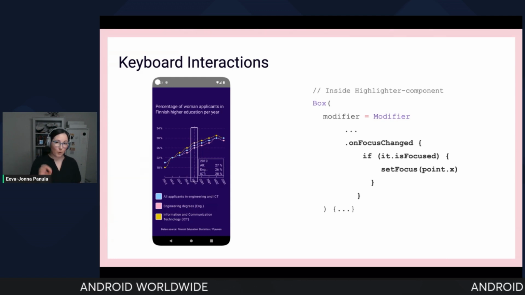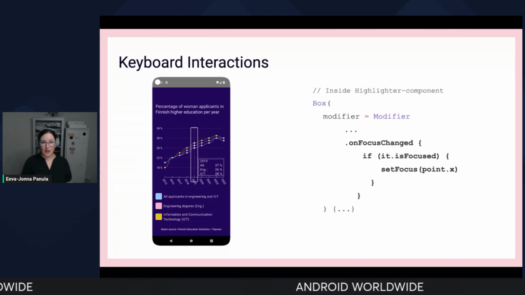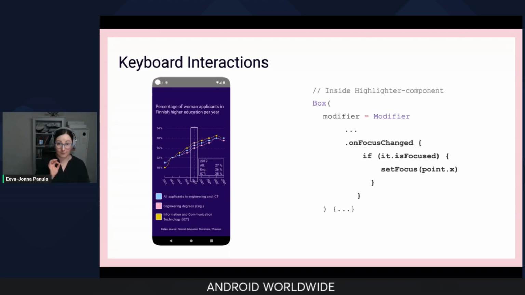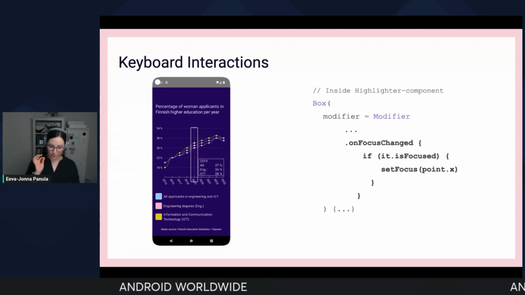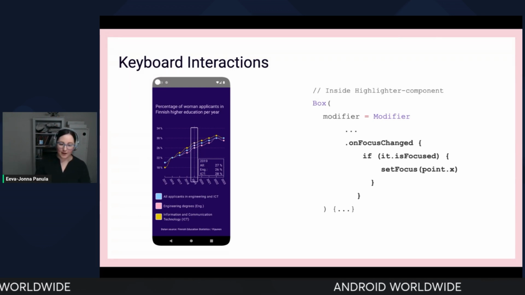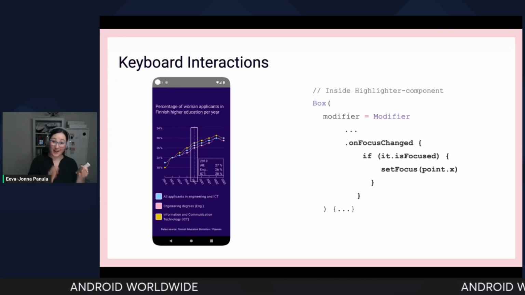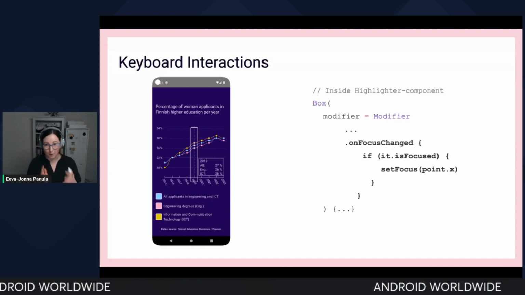So that's why we want to check if this particular element is focused, and only then call this set focus function. And we pass the point's x value to the set focus, so that the new highlighted x will be the x of that point.